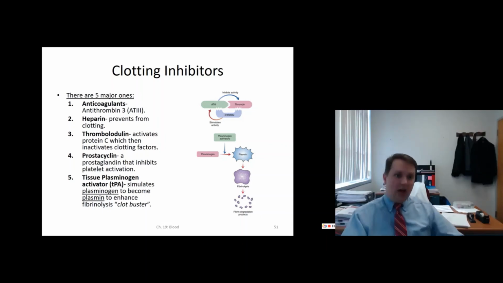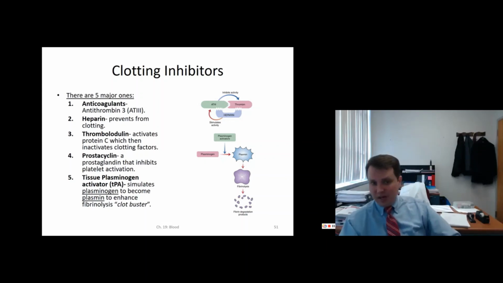And then TPA, clot buster. And then prostacyclin inhibits platelet activation. Prostacyclin is PGI2. It's a prostaglandin and can prevent platelets from being activated. So it can keep them sleepy. Plasminogen activators cause plasmin to be made, so you get fibrinolysis and you break the clot down.